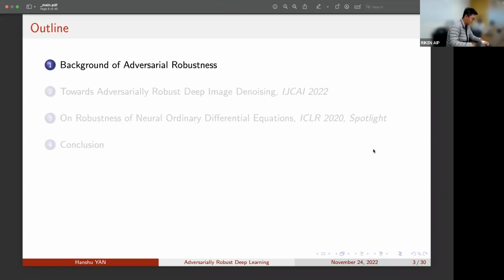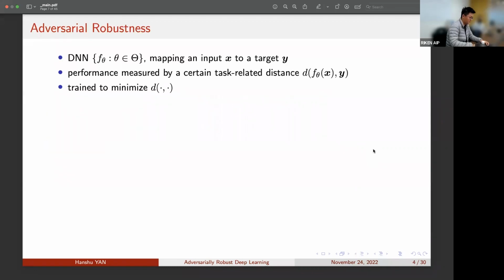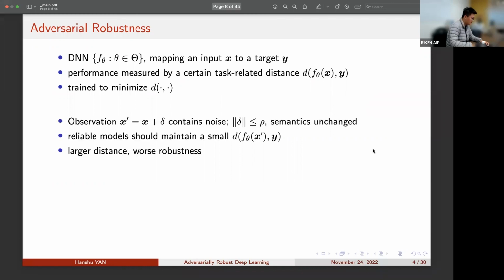First, let me give a brief introduction to adversarial robustness. Suppose we have a deep neural network denoted by f_theta, which maps an input x to a target, so its performance can be measured by a certain task-related distance, the distance between f(x) and y. We can train the model with some data set, and after training, it can perform very well on the data set.